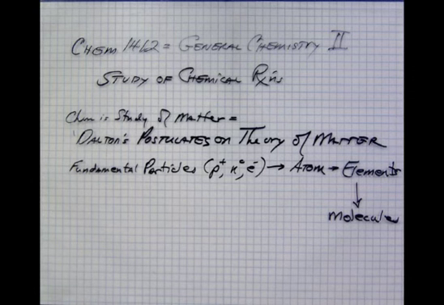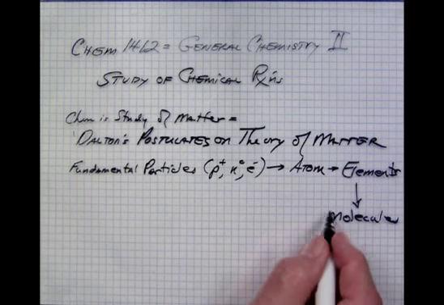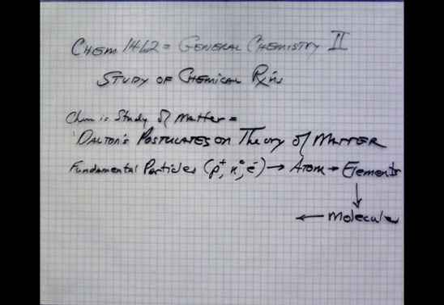Molecules are entities that contain two or more elements and have very specific and unique properties within themselves. A molecule is a specific structure. Compounds are a whole lot of molecules.